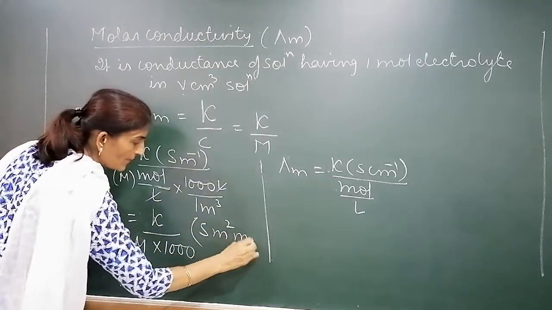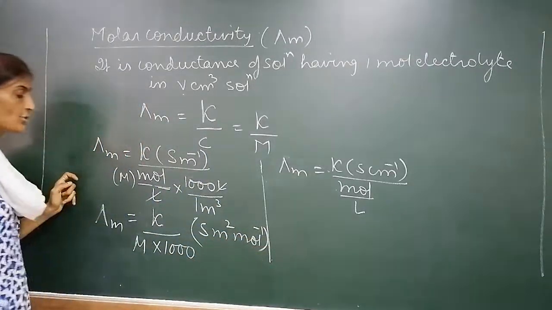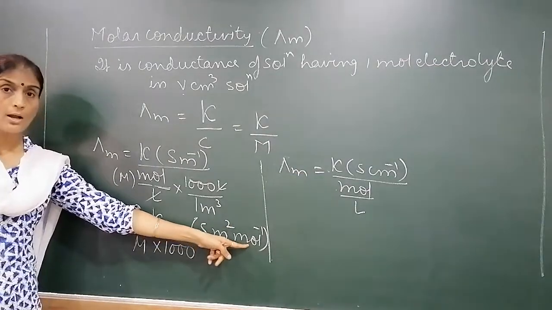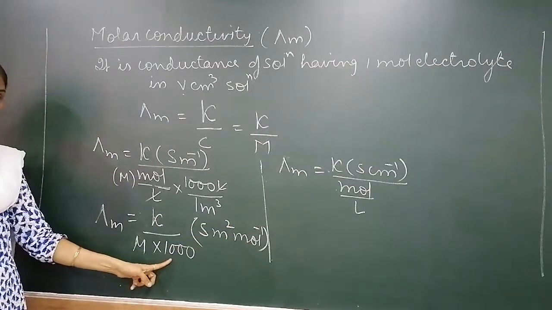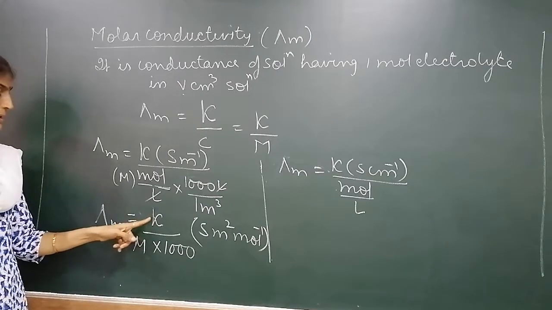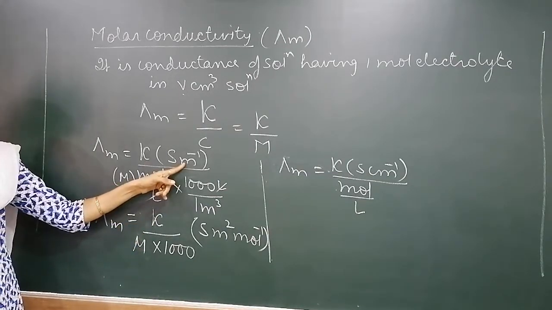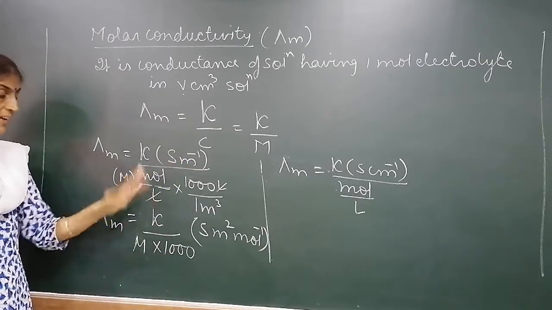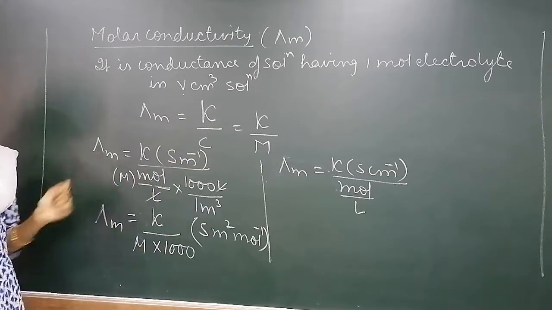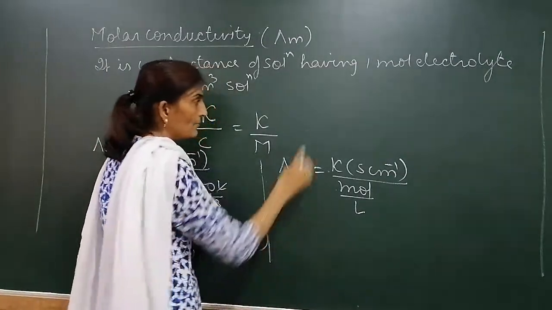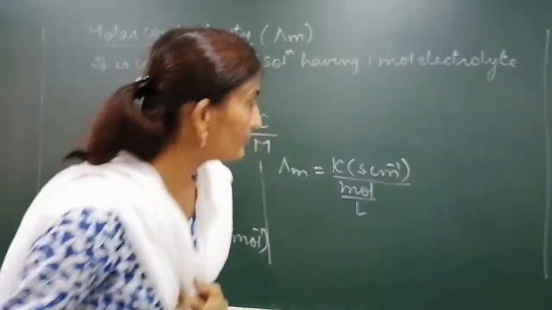Take it up, so it will be mole. So unit of lambda m is Siemens meter square per mole. At that time we have to divide by this 1000. Suppose in a numerical K is given in meter inverse, then convert it by dividing by 1000 while using this formula.